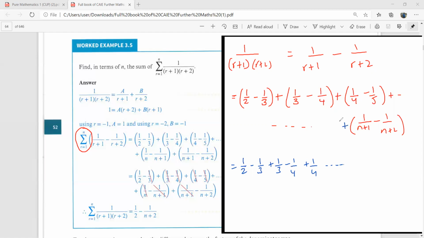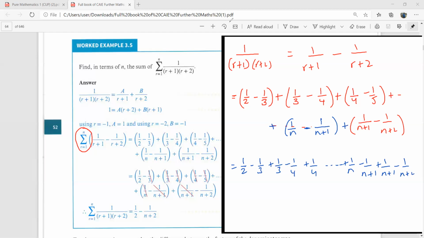I can write the second last term as well. Where r is n, if I put r as n minus 1, this would be 1 over n minus 1 over n plus 1, plus 1 over n plus 1 minus 1 over n plus 2.